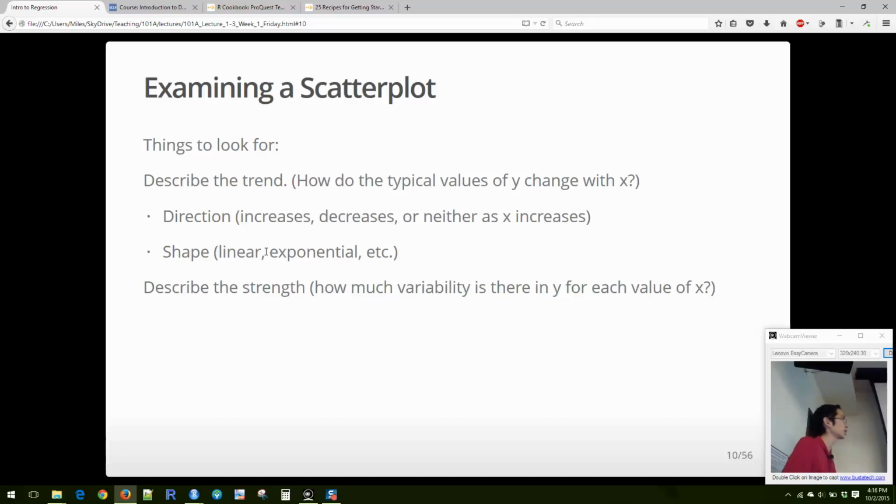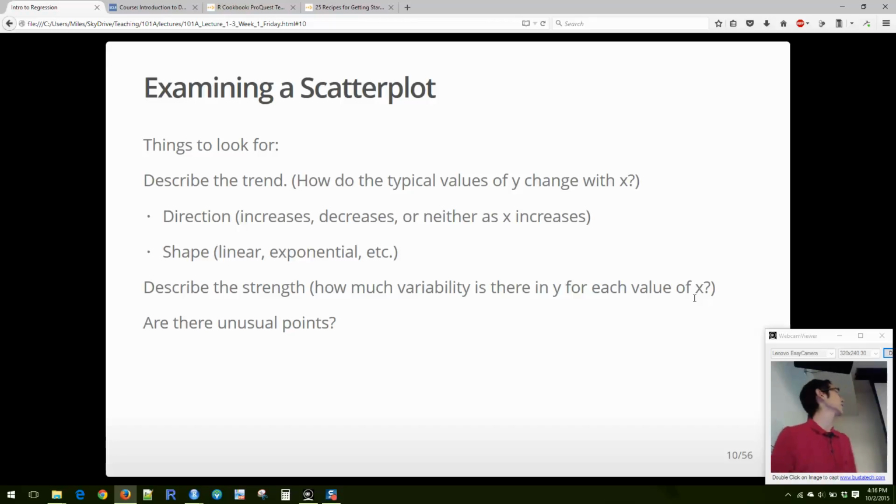Is the shape linear or exponential or some other shape? Those are things you want to look for in trend. Then you want to look at the strength. How much variability is there in y for each value of x? So that's looking at the strength of the relationship. And then, are there any unusual points?